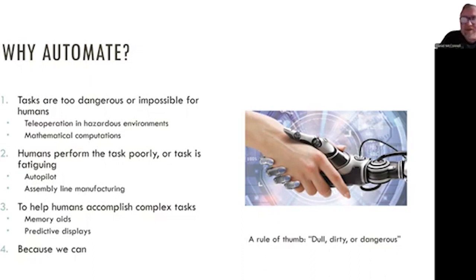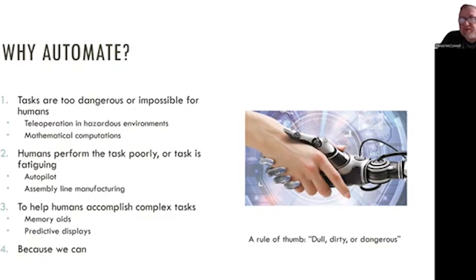Some examples that come to mind, maybe I don't know why I'm imagining something like a bomb squad, right? If you're going to send in someone to inspect and maybe even try to defuse a bomb, putting a live human in that position is clearly very dangerous. But can we automate this in some regard? How would we do that? Well, we don't necessarily have robots that can totally autonomously defuse a bomb, but we can certainly at least use a teleoperated vehicle.